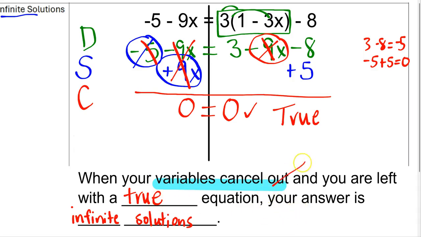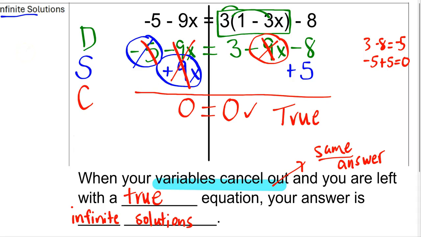True equation means same answer on each side. So there's another blank on yours where you're going to put same answer. So this is our second type of equation when we have infinite solutions. Second special case.